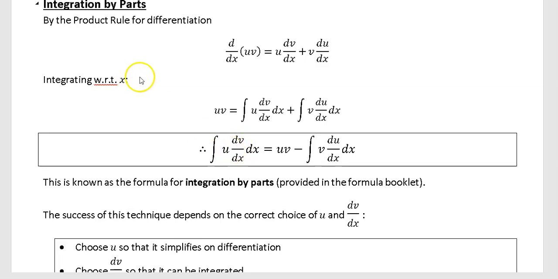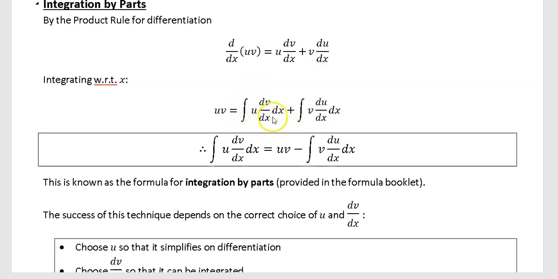Where this comes from is our product rule. If you differentiate uv with respect to x, you get u dv by dx plus v du by dx. Now, if we integrate everything with respect to x, you get uv, the integral of u dv by dx with respect to x, and the integral of v du by dx with respect to x.